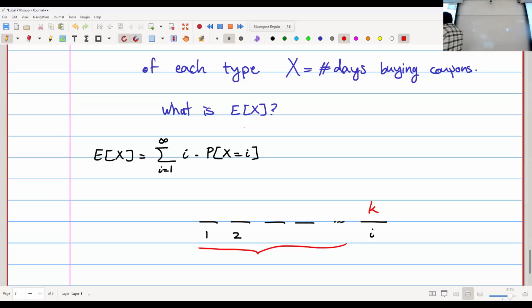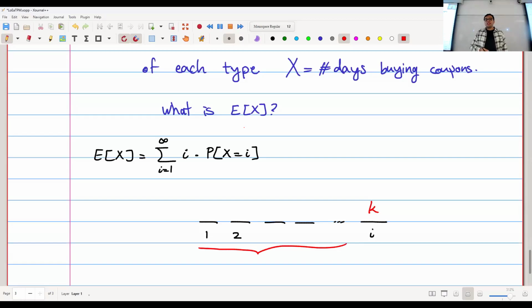You might think this is easy. I have n ways of choosing the last coupon K, and then I have n-1 types remaining. In i-1 days, I always have to pick one of the n-1 types, so it's just n-1 to the power of i-1, right?